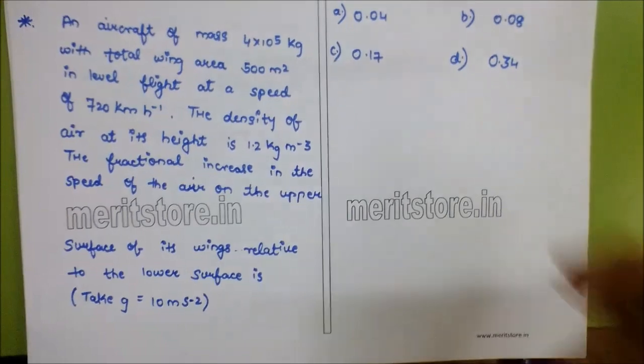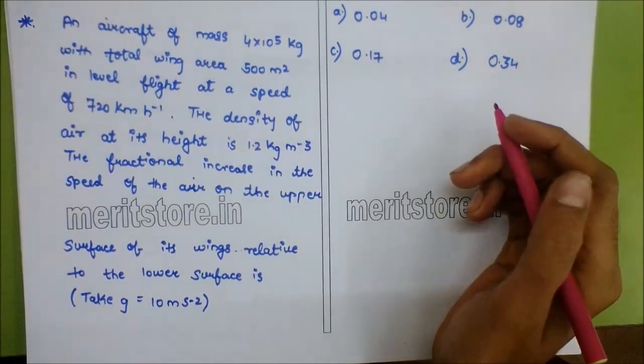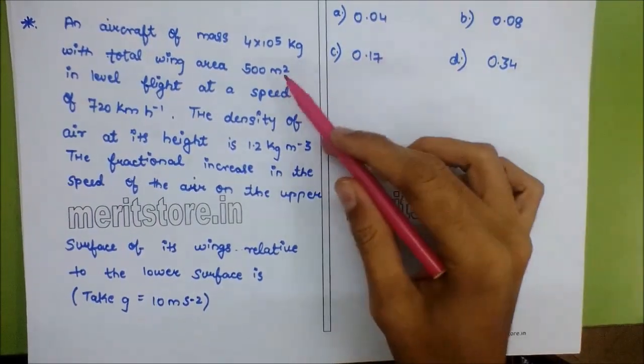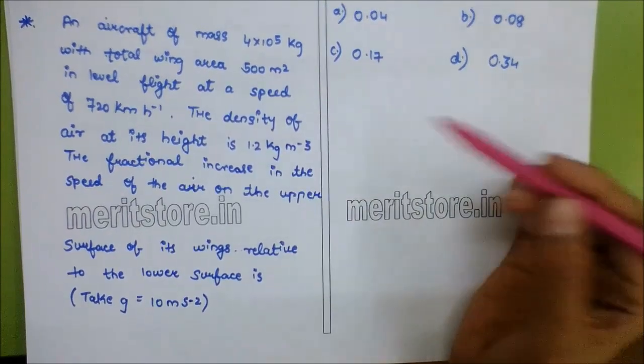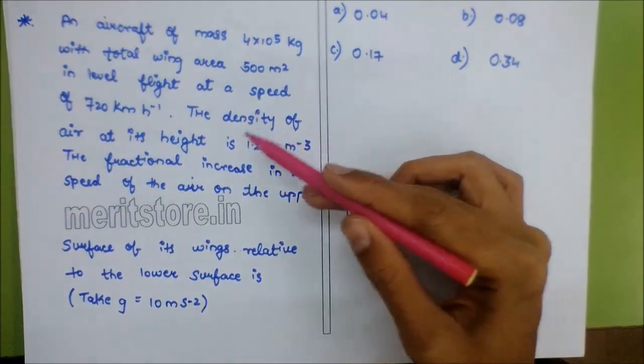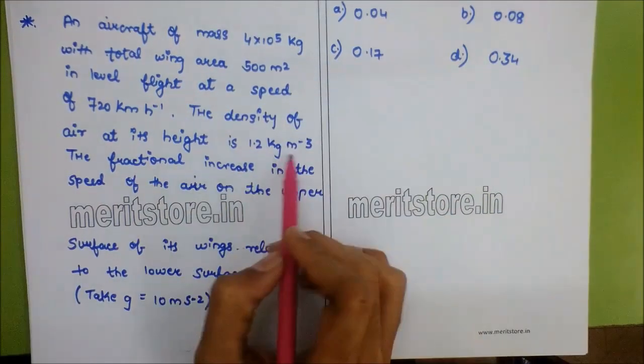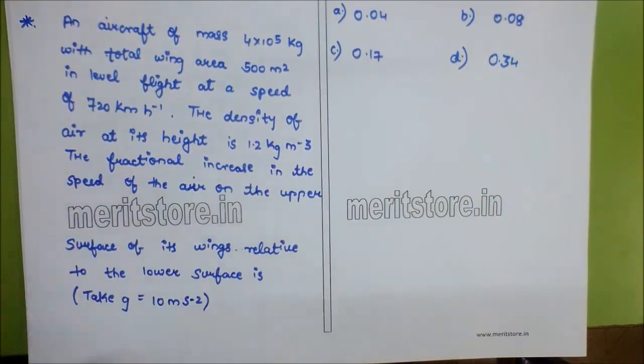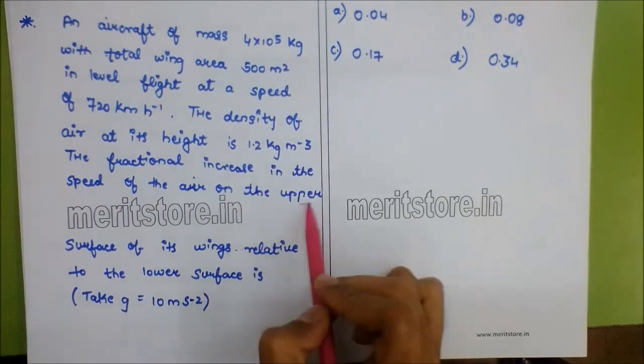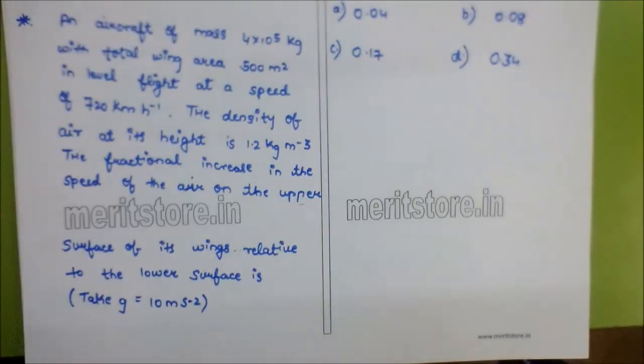Okay, an aircraft of mass 4 × 10⁵ kg with total wing area 500 meters square is in level flight at a speed of 720 kilometers per hour. The density of the air at its height is 1.2 kg per meter cube, and we have to find the fractional increase in the speed of the air on the upper surface of its wing relative to its lower surface.